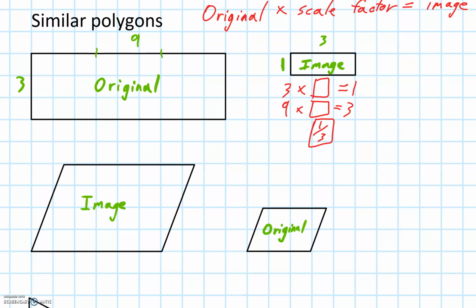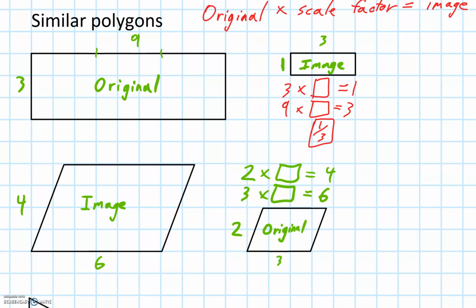And although this is an odd shape, I'm going to show you 2 things to look for: the height and the width of it. Here the height is 2 in the original, and at the bottom we have 1, 2, 3 squares long. The other one has a height of 4, and the bottom has 1, 2, 3, 4, 5, 6. So from the original, 2 times something equals 4, or 3 times something equals 6.